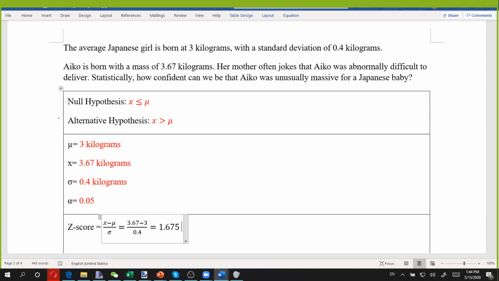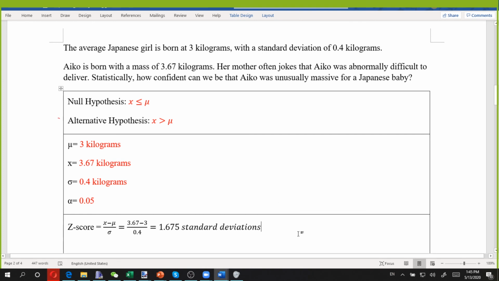The units for every z-score, no matter what the problem is, are always the same. What do z-scores actually measure? Sigma? Right. So I'm going to write in words, though. This is standard deviations. So in this case, we are 1.675 standard deviations above average.